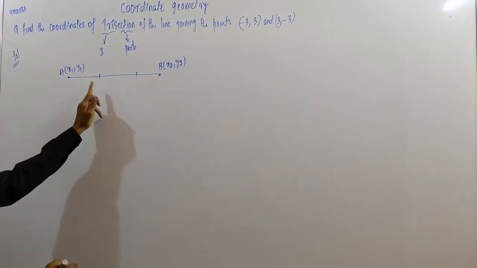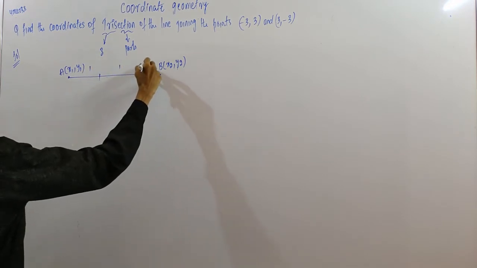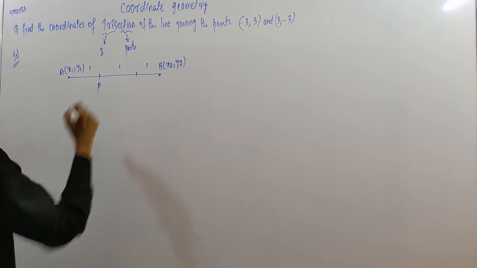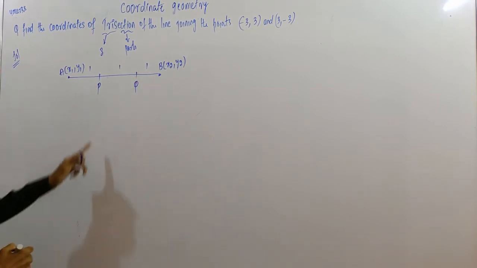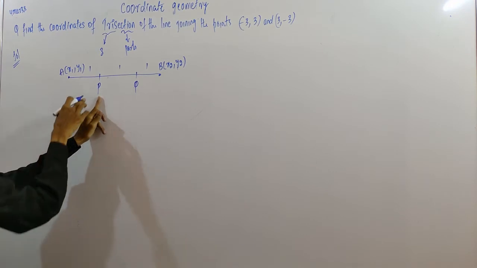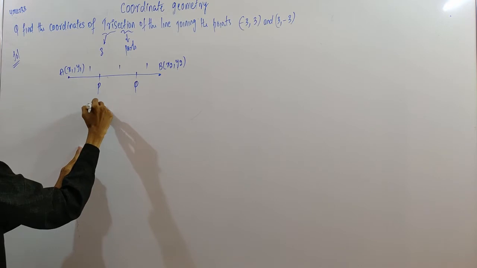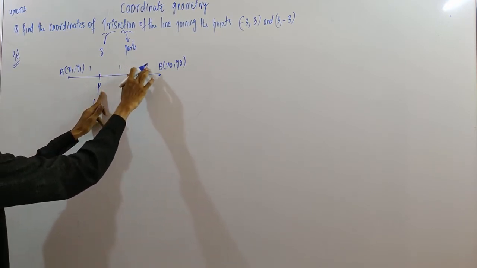How many parts? 1, 2, 3, 3 parts. Let us denote this point with P and this point as Q. If we take left of P, we have 1 part. Right of P, we have 2 parts, 1 plus 1, 2.